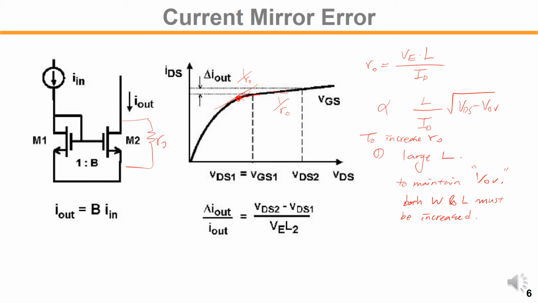meaning the W is very large, right? So you know that the relationship is ID equals half mu n COX W over L V overdrive squared. For the given current level, if you keep the overdrive small, then you have to increase the size, right?